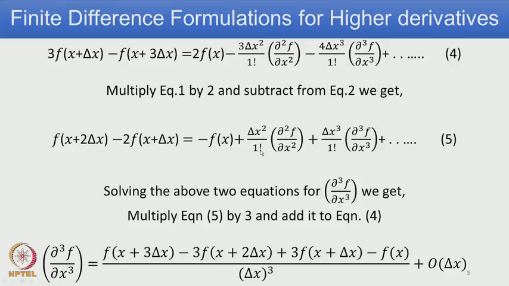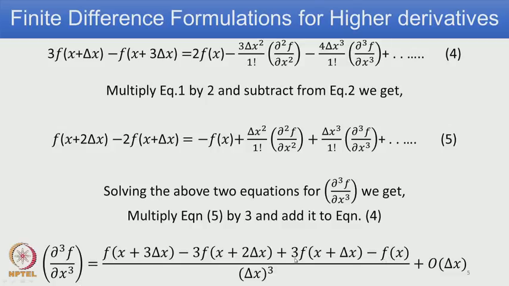In equation 5 the term del x squared has a coefficient of 1. So, if you multiply this by 3 and add it to the corresponding term in equation 4, they both get cancelled, and finally, after rearrangement, you get the expression for del cube f by del x cube, which is given here.